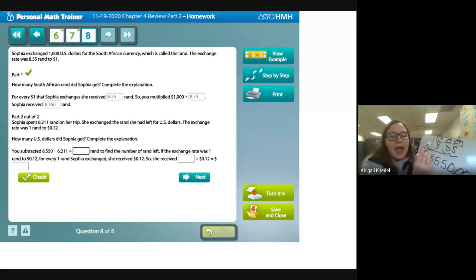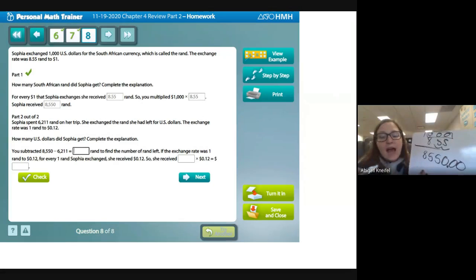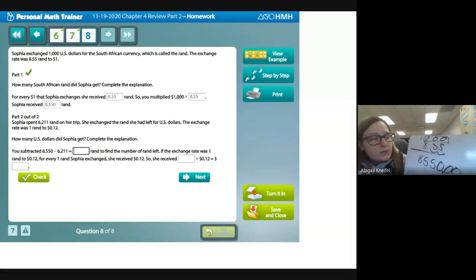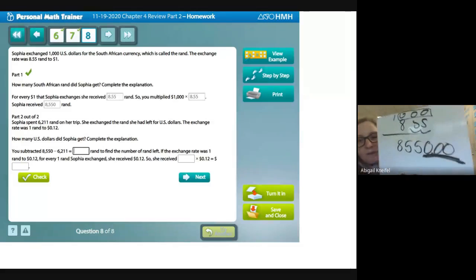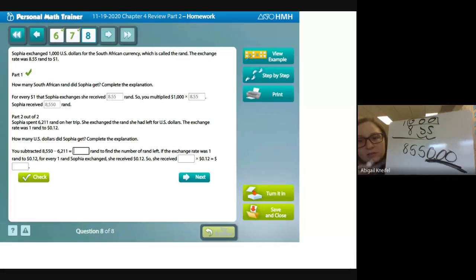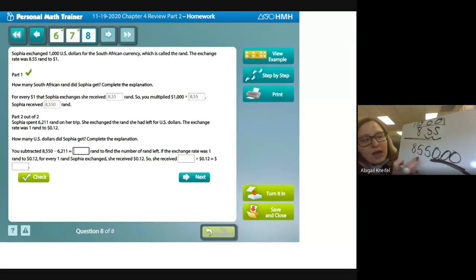So here, I had 1,000. It's 1,000. And then I have times 8.55 Rand. So instead of multiplying it, which would take forever, I took my 3 zeros from 1,000 and added them to the end of my 8.55 Rand, okay? So now my answer is 855,000, but your decimal's in the wrong space, Mia.